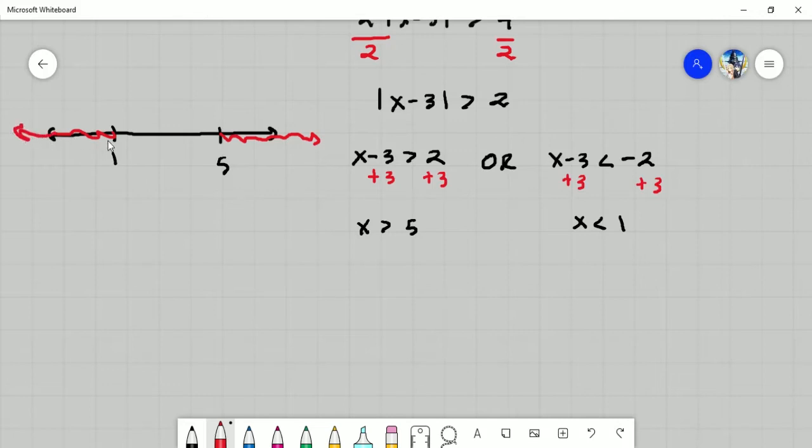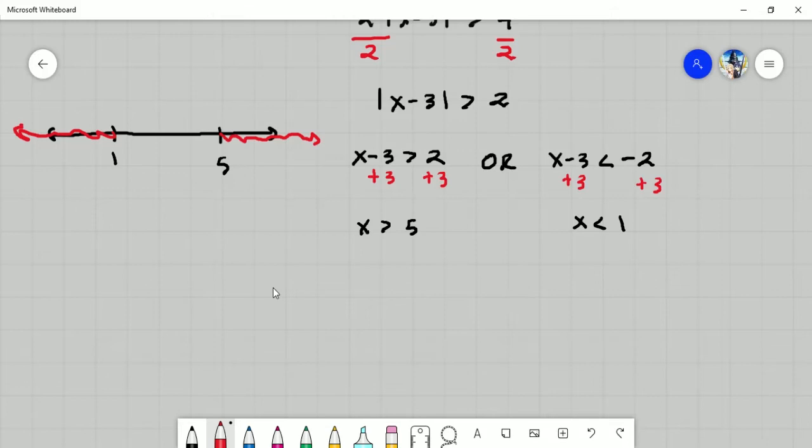So let's see if those solutions are correct. Now here, I will not test the endpoints 1 and 5 because this is just a greater than problem, not a greater than or equal to problem. If it was a greater than or equal to problem, then I would plug in those to see if it comes out correct, but it's not.